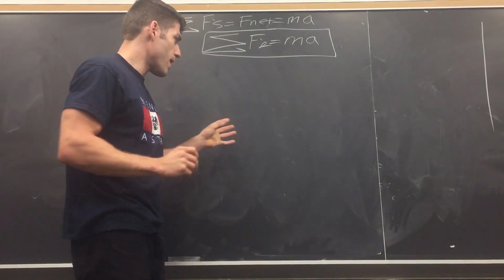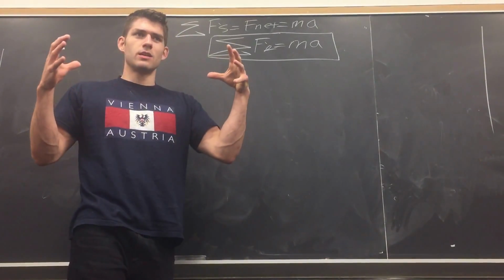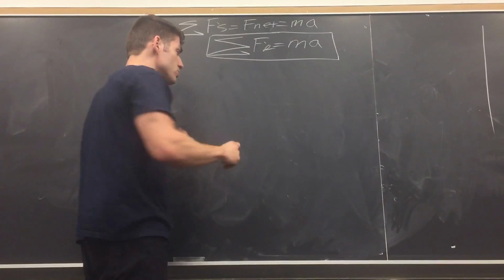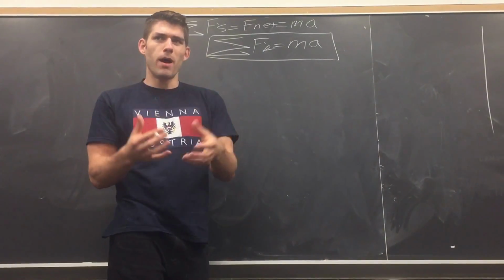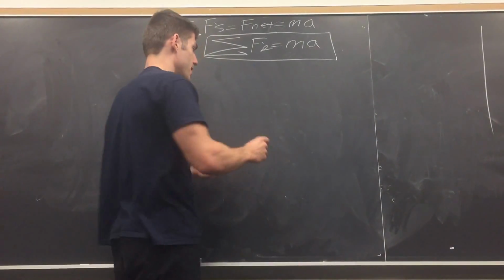So the first type of problem is when you have a bunch of things pushed together. This is really common, because you don't just have one box, one thing being acted upon.